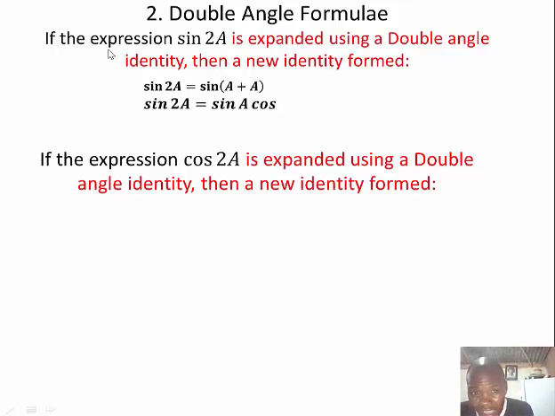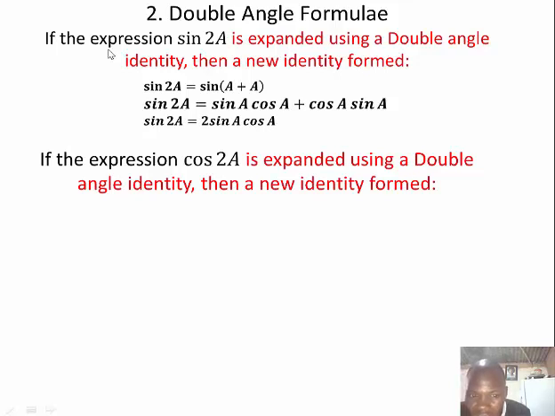If you expand it using the compound angle, it's sine a cos a plus cos a sine a, and in double angles it will be sine 2a equals 2 sine a cos a. So hopefully everybody gets that. I don't want to over explain. Any questions will be addressed on the comment section on the YouTube channel.